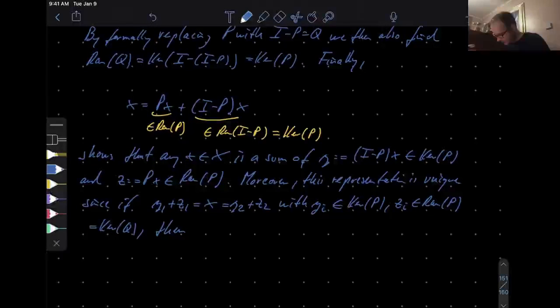You take the y's, say, on one side and the z's on the other side. Then you have z2 minus z1.